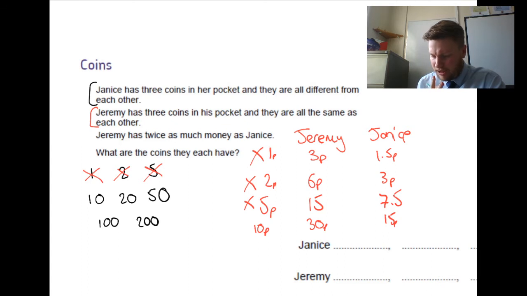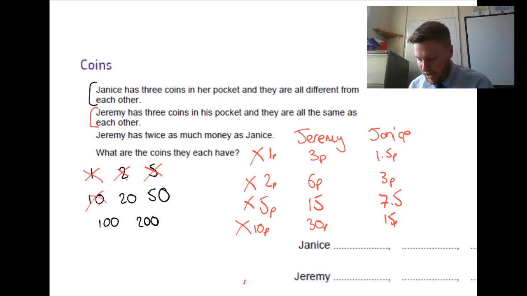Well, let's have a look. To make 15 pence, we could do 10 and 5, but then we need another coin, so that doesn't work. 10 and 2, well, that would be 12, but then we need another 3, that doesn't work. 10 and 1, we need another 4, that doesn't work. 20 is too high, so no, it isn't possible to do it. So 10 isn't going to work.